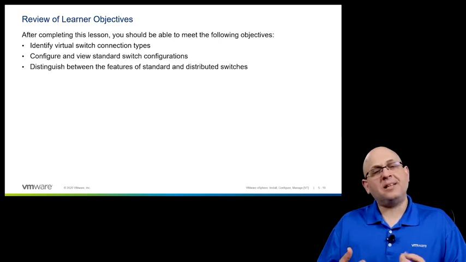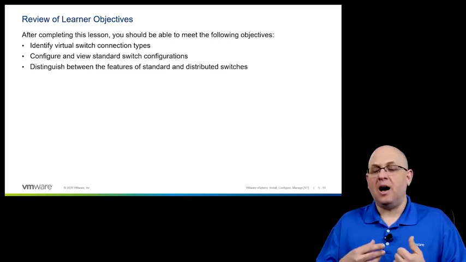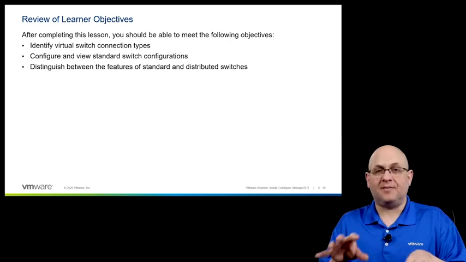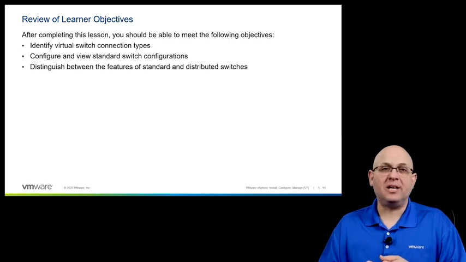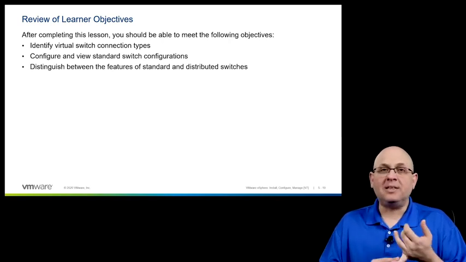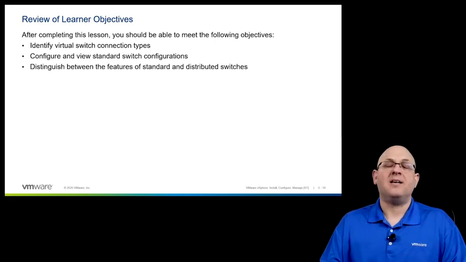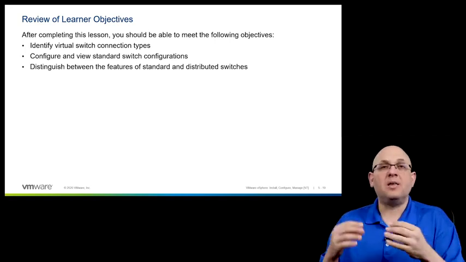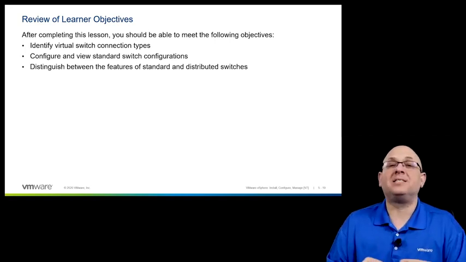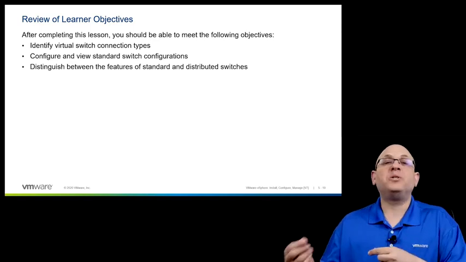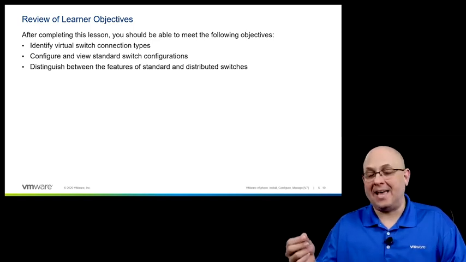Okay, so I hope that's been a good overview for you of the basics of the networking on a standard switch in ESXi. We looked at the different types of switch connections, that being virtual machine port groups that provide networking to virtual machines, and VM kernel ports, which provide networking to ESXi itself.